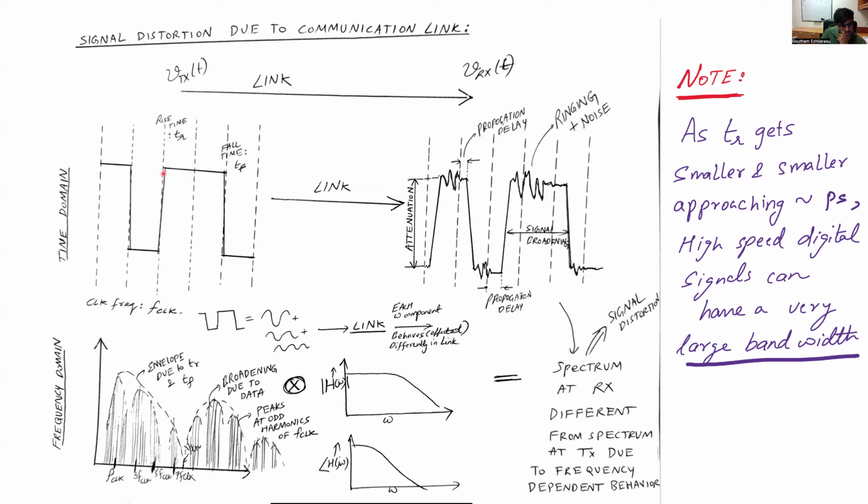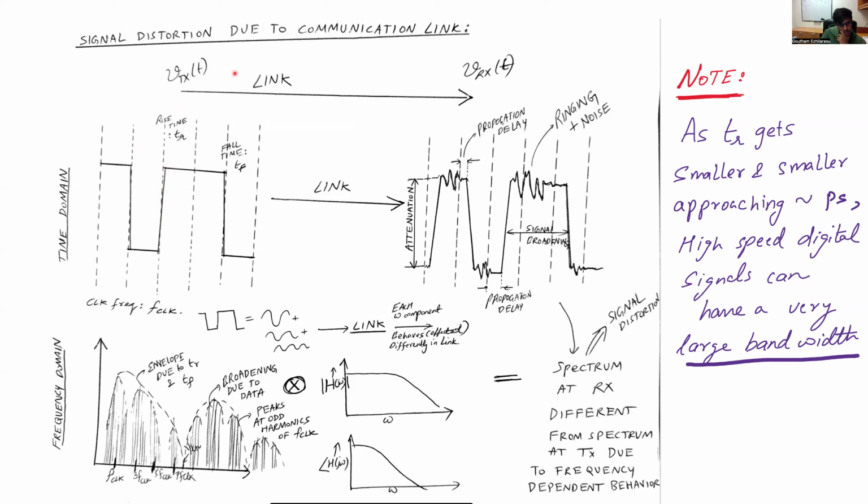It is defined as the time it takes for the signal to rise from 10% of its maximum value to 90% of its maximum value. If the signal takes longer to go from 10% to 90%, the slope is less steep. If it takes a shorter time, as in this case, the slope is very steep.